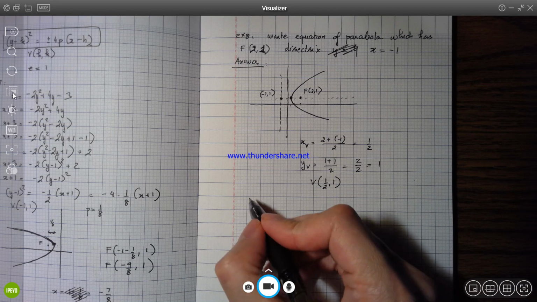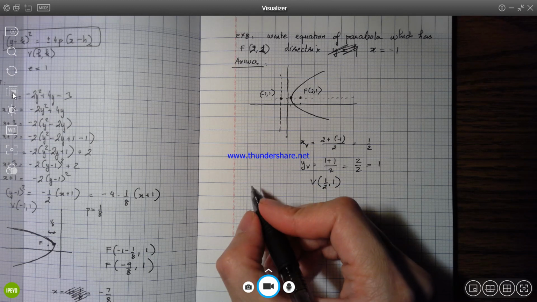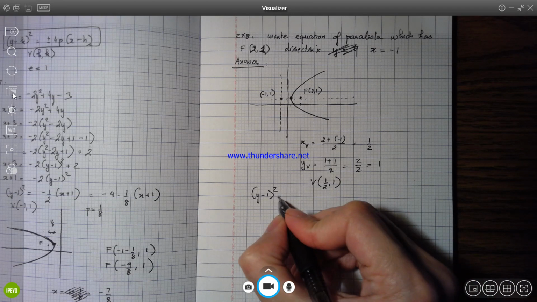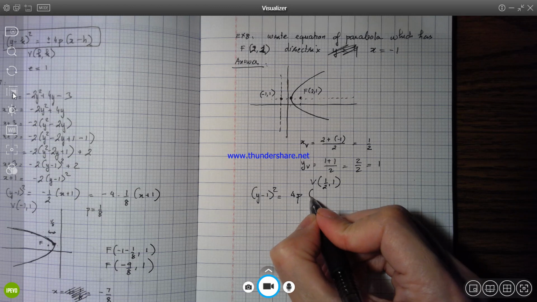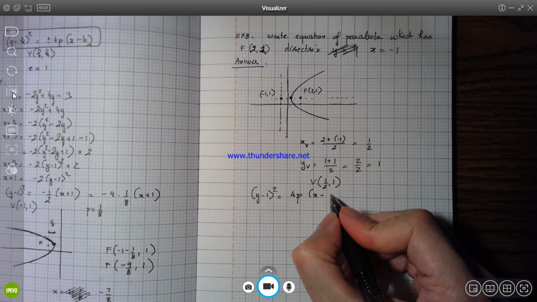I can draw the coordinate of the vertex. Then my equation will be (y minus 1) squared equals 4p times (x minus 1/2).